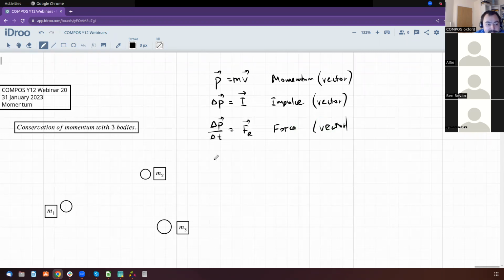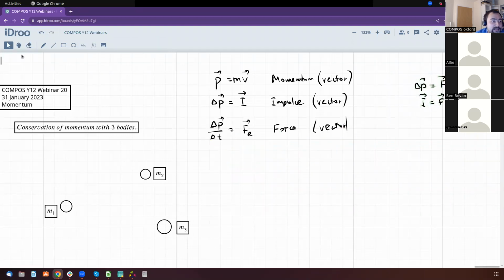You can rewrite this as delta P equals force times delta T, or in other words, the impulse is force times delta T, which is another important formula.